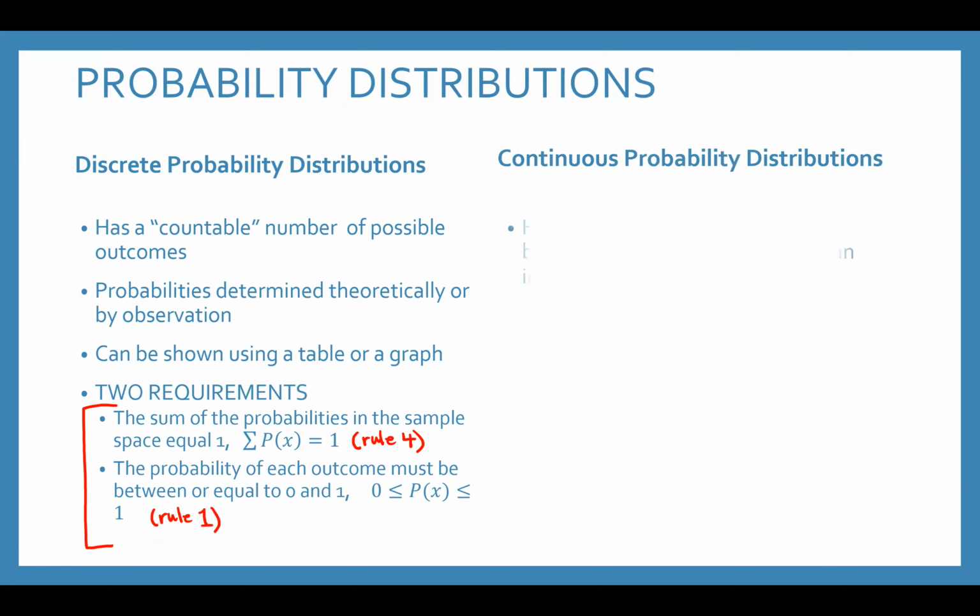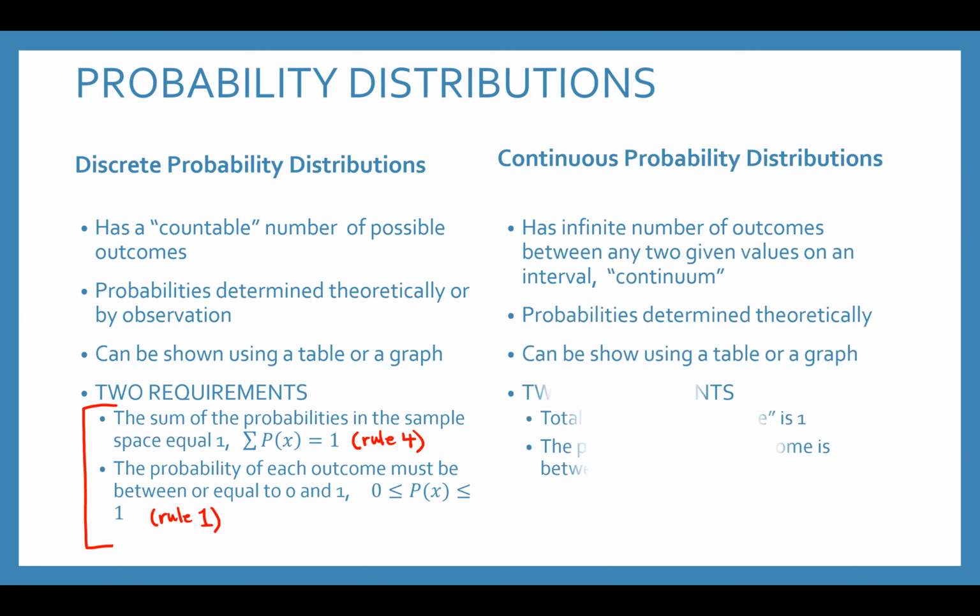The rules actually exist for the continuous as well, but again, we think about it more from a visual or graphical perspective. Okay, and so again, we still say the probability of each outcome is between 0 and 1, which visually means there's going to be a bar there.